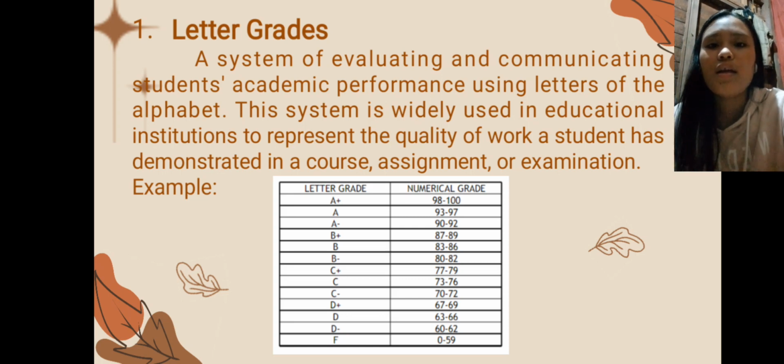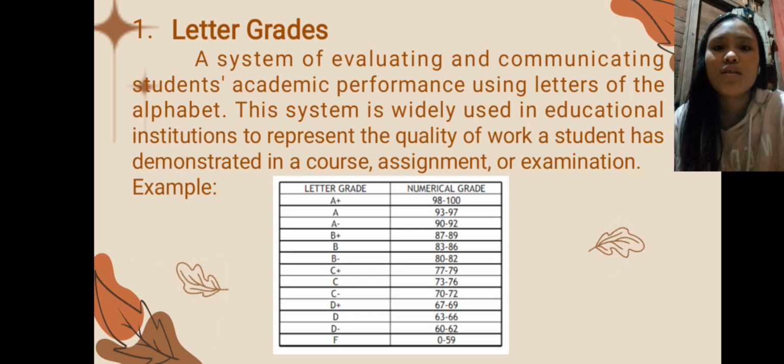So, a letter grade is a symbolic representation of a student's academic performance in a course or subject. It is a common method used in education to communicate a student's level of achievement based on their performance relative to predetermined standards.